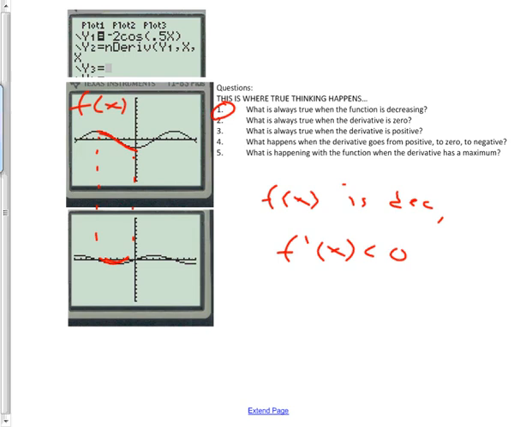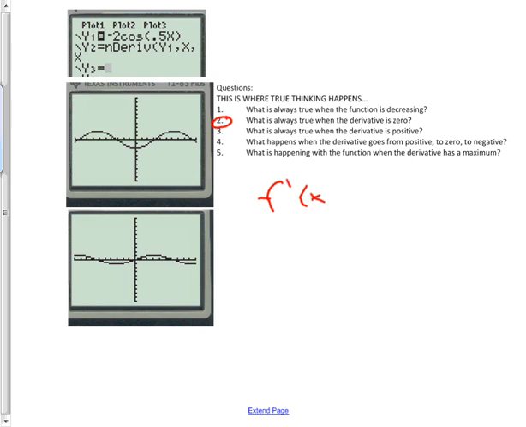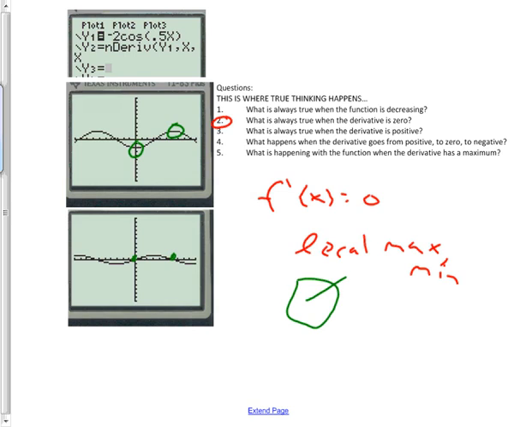So cool. What is always true when the derivative is 0? When f prime of x equals 0, we're going to get a local max or min. Let's look at a couple of points. Here it's 0, and there's a local min. Here it's 0, and there's a local max. So our rules are holding.